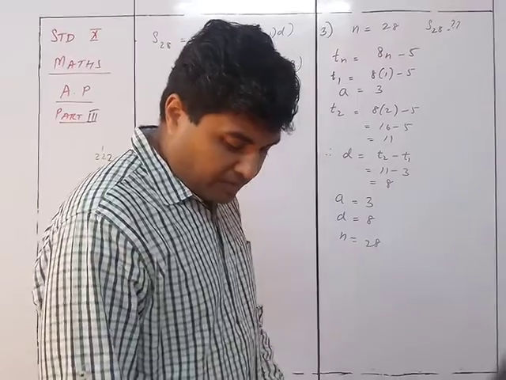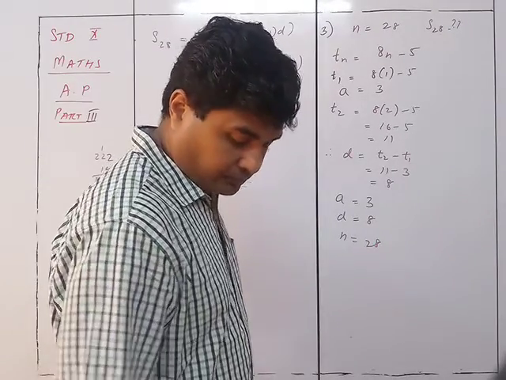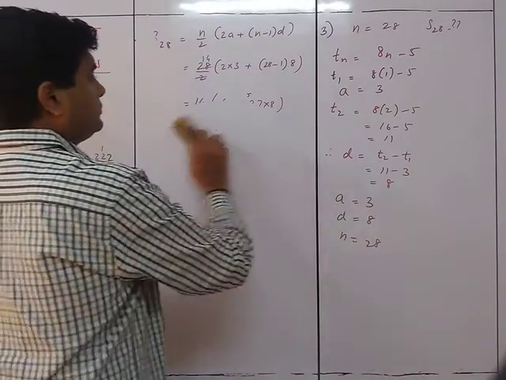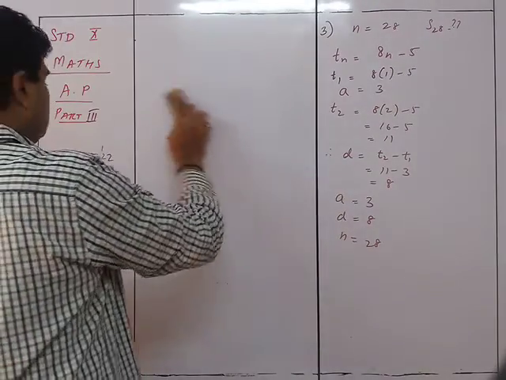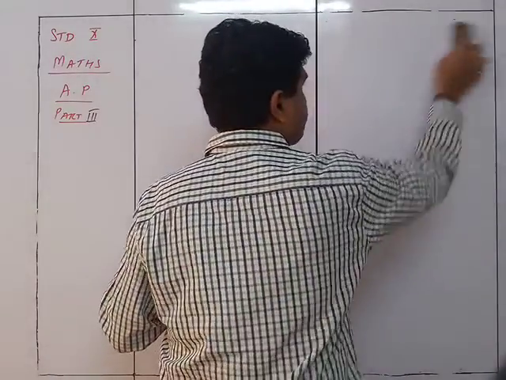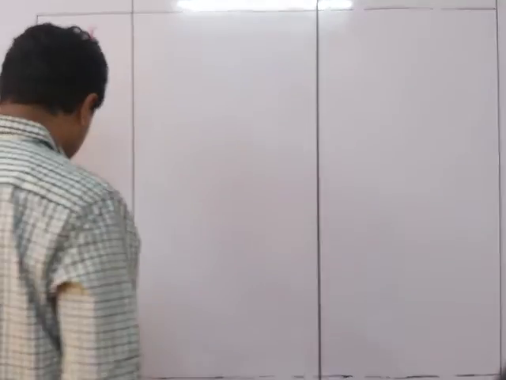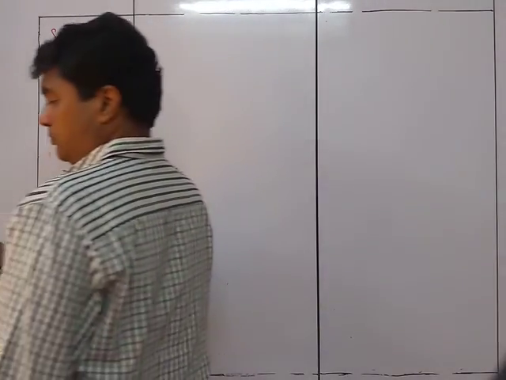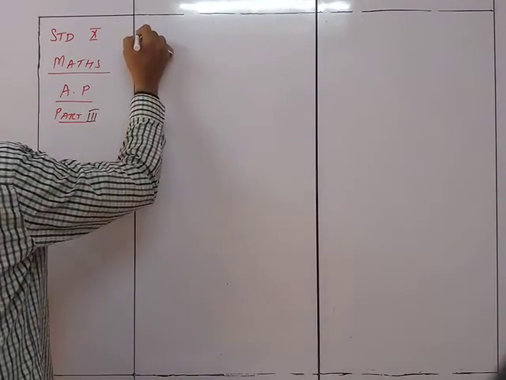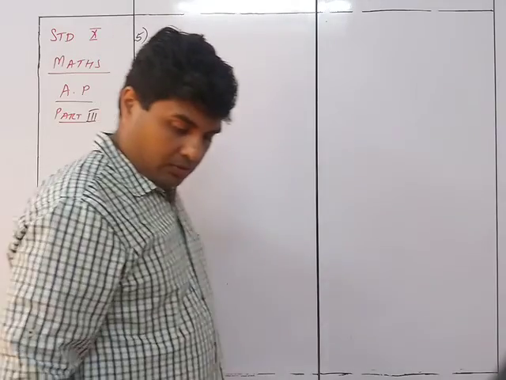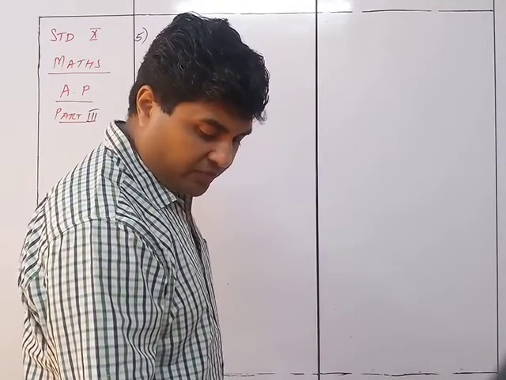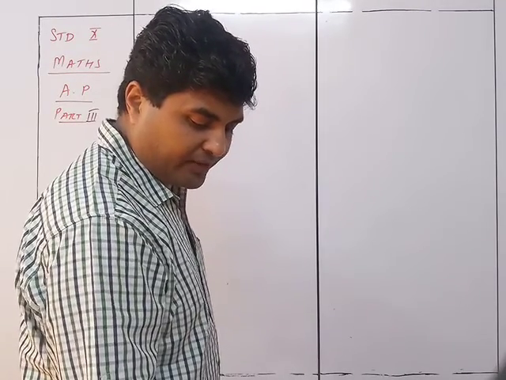We now move on to sum number 5. Find the sum of first 51 terms of AP whose second term and third term are 14 and 18.